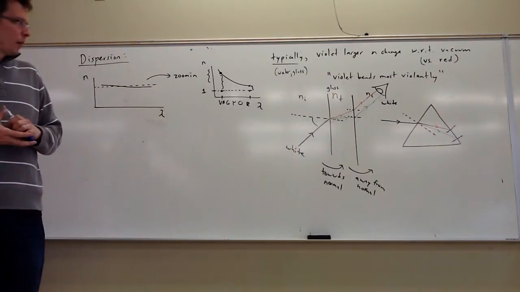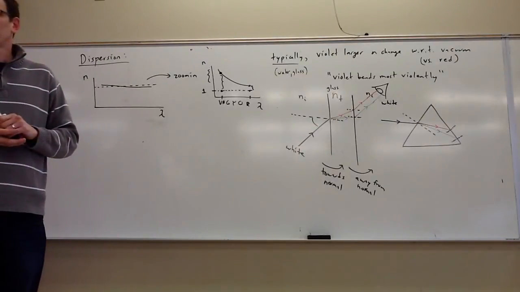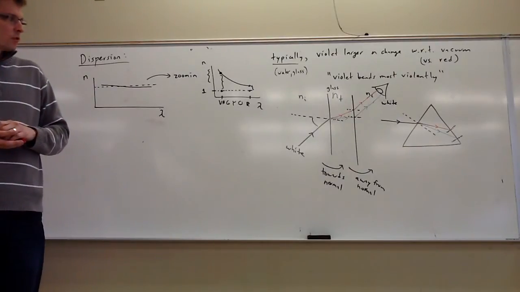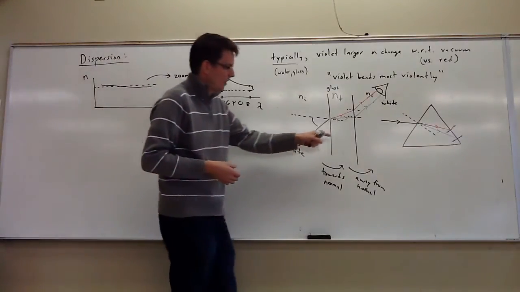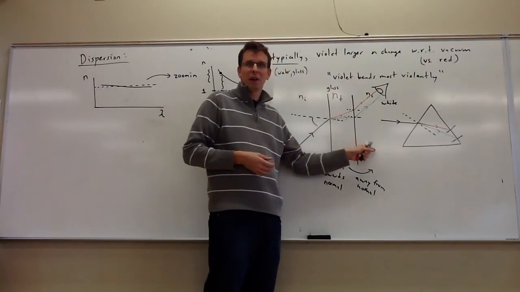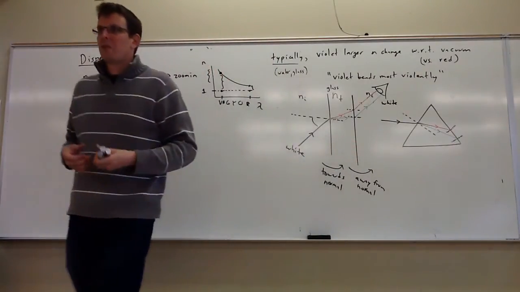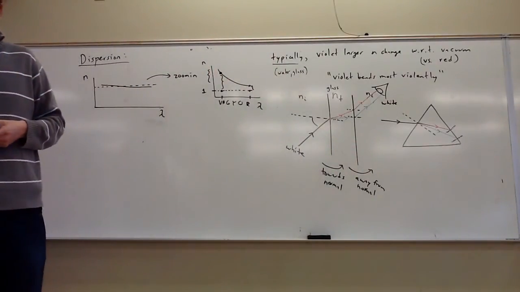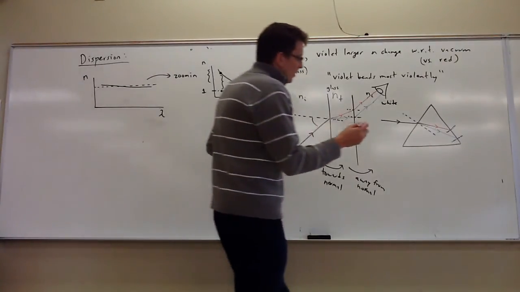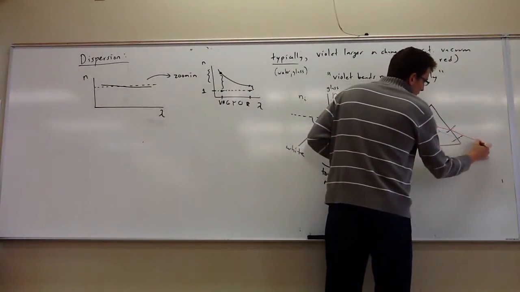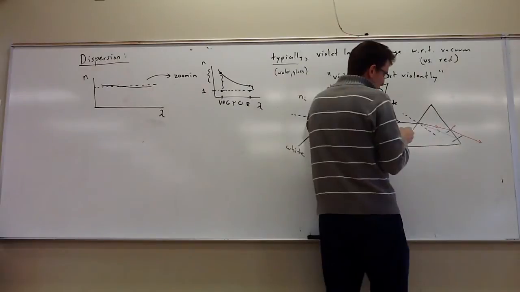So now, passing out, everyone goes which way? So they went toward the normal on the way into the glass, and then on the way out, away, right? So everybody bends away from the normal. The red a little bit, and the violet even more so.